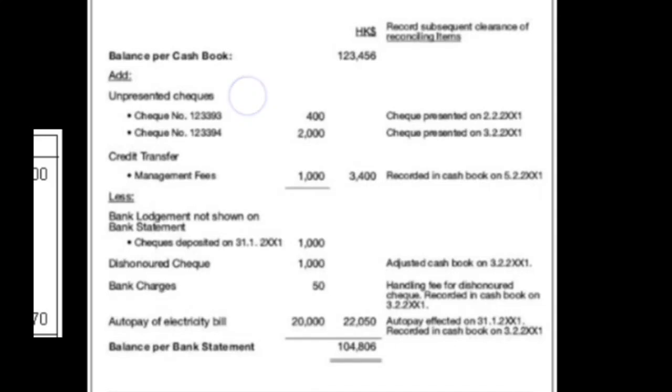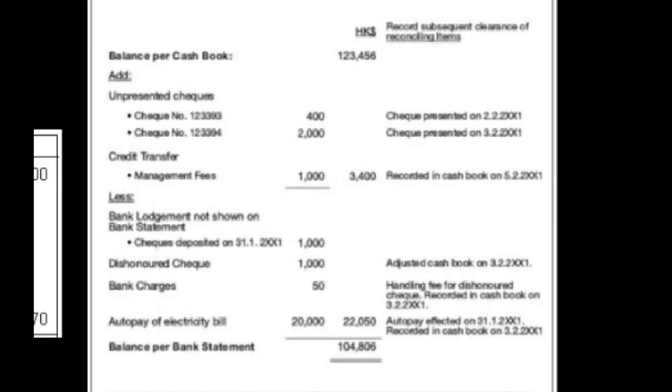Here, on the first adjustment, we have unpresented checks. Two unpresented checks are here, 400 and 2000. Now what are unpresented checks? Unpresented checks are those checks which have been issued by the company and deducted by the company from its books and not deducted by the bank so far.